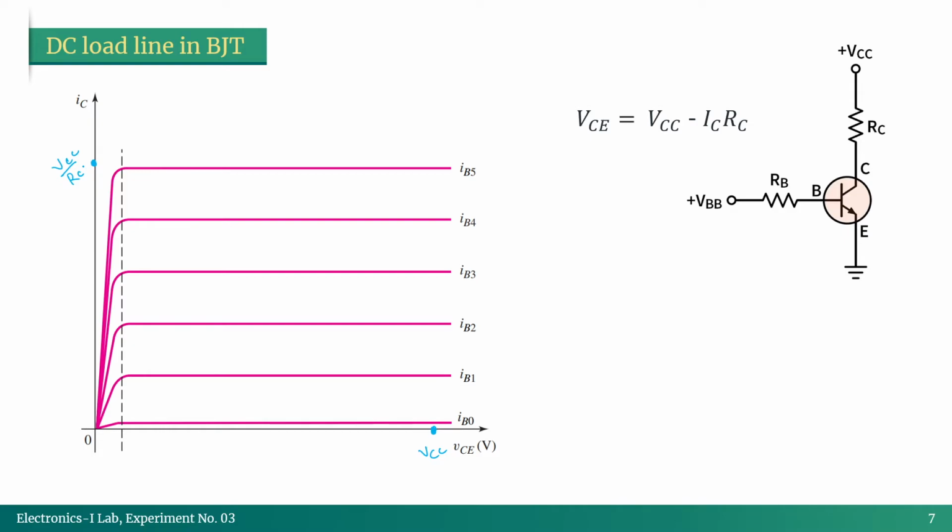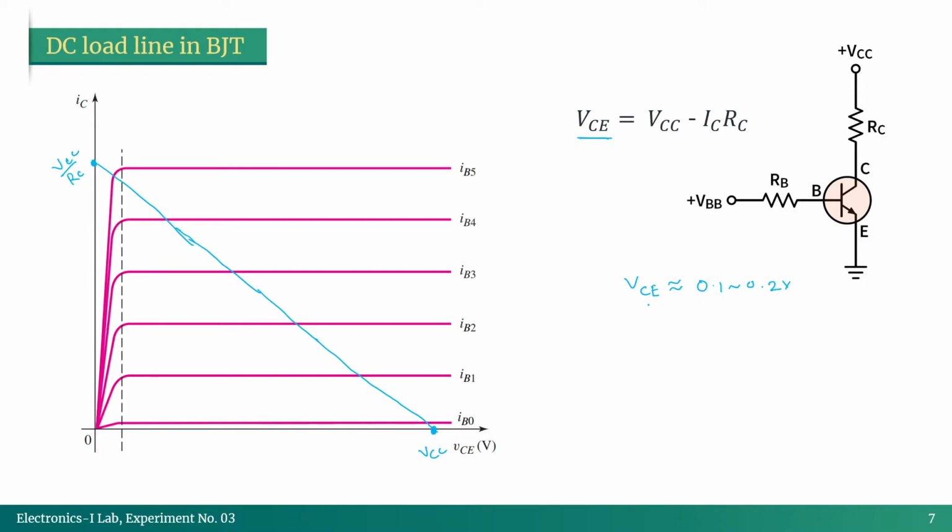So theoretically, we were going to get a straight line like this one, but as we will see, in the practical case our VCE is never fully zero. There will be some value here. VCE is around 0.1 to 0.2 volt.